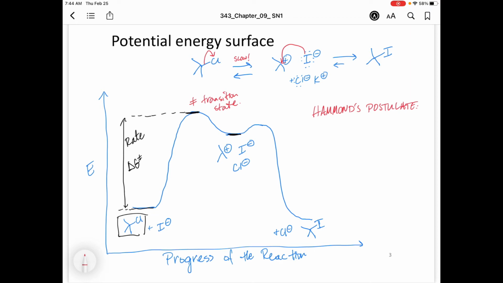So let's write this out. Transition states mirror intermediates closest to them.